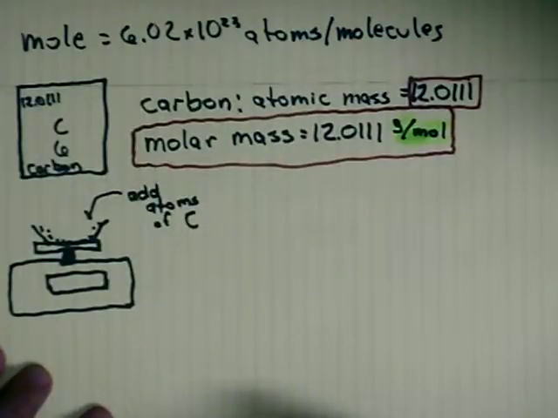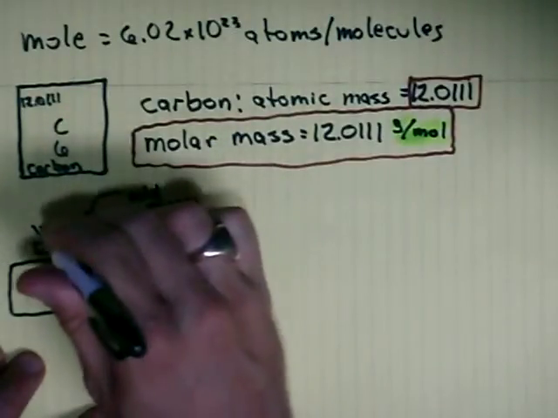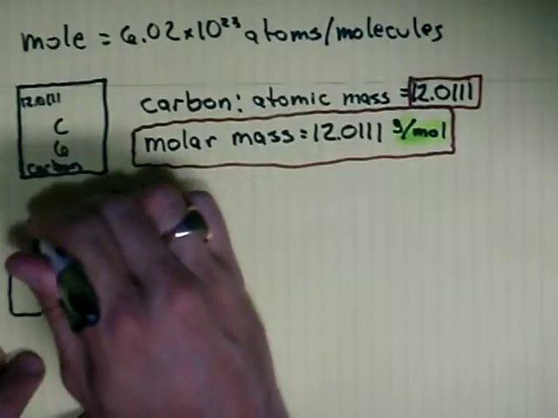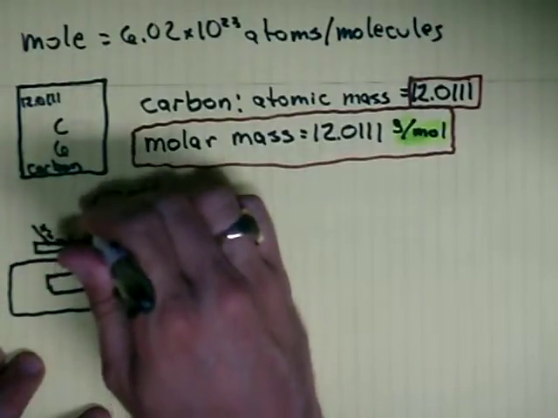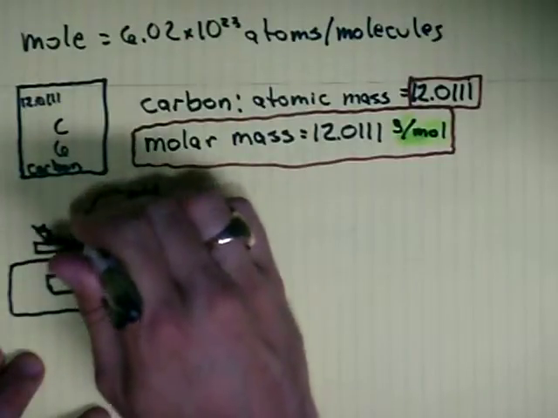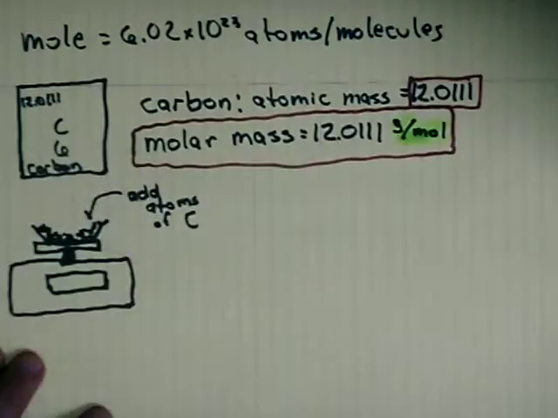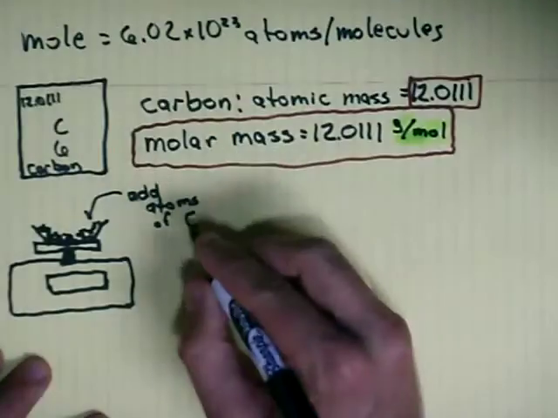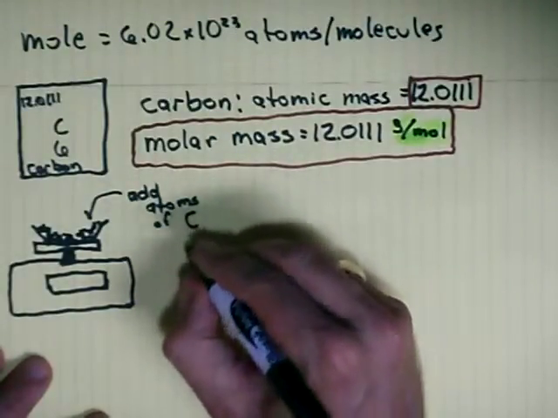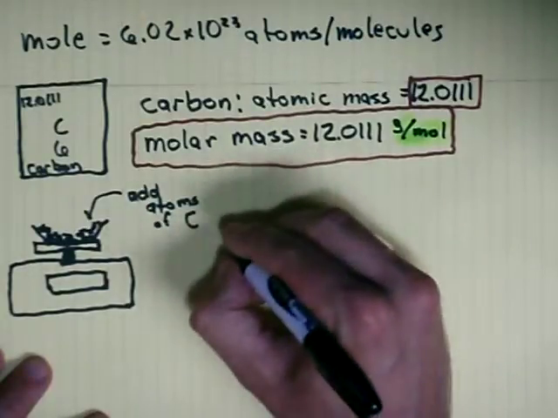We wouldn't actually be able to do this in any of our chemistry labs, and it would be very time-consuming as well because atoms are tiny. But we're pouring in atoms, and they're just settling to the bottom, starting to add up over time. So we keep adding them until we have put in 1 mole.